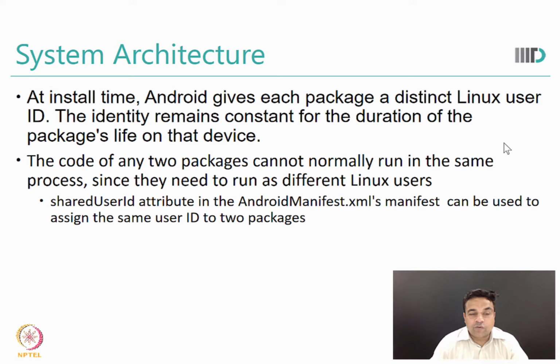However, if you do want this functionality, then you can set an attribute called shared user ID in the Android manifest file, and then you can have two packages using the same user ID. Later in the course, we will see when this condition is suitable and how to use it.